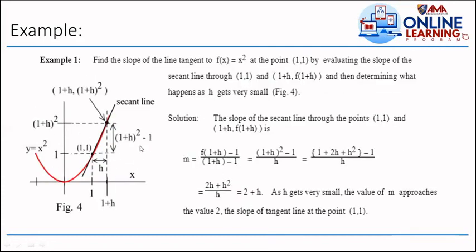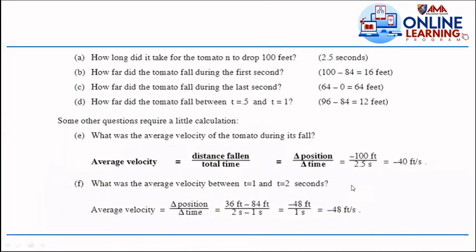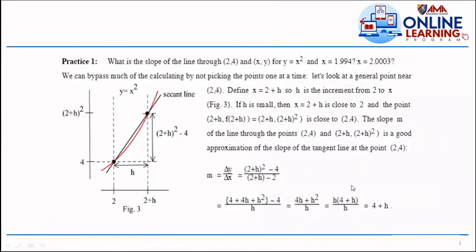So, kanina, ang nasolve po natin na slope ng secant line is 4 plus h. So, pag titignan po natin, hindi magkadikit yung kulay red saka yung straight line po natin, yung secant line. So, this is not a good, it's only a good approximation for the tangent line.